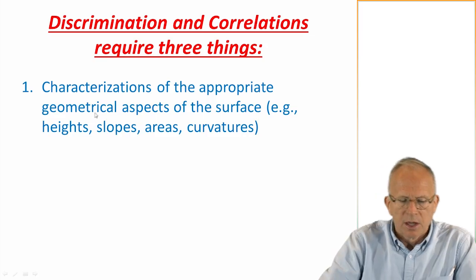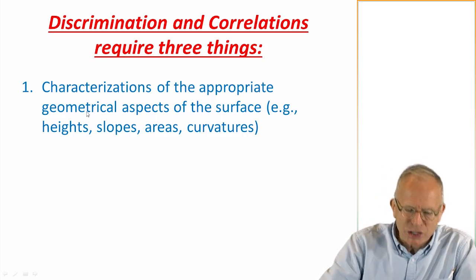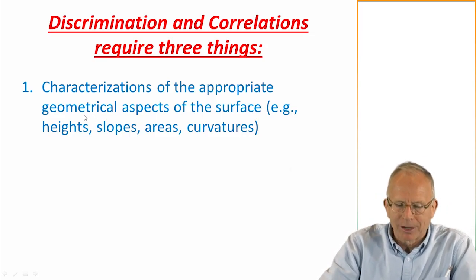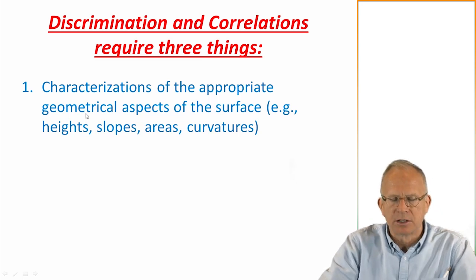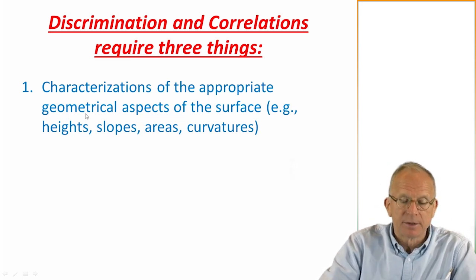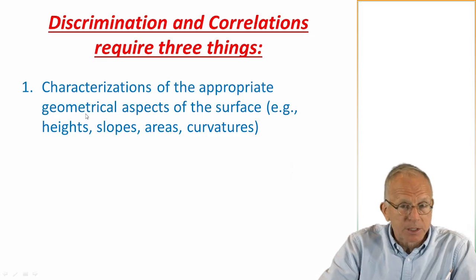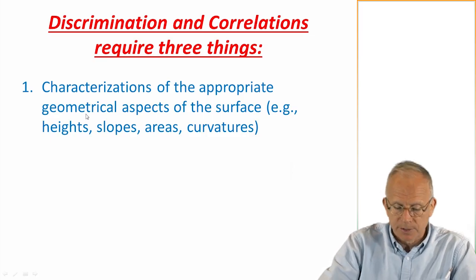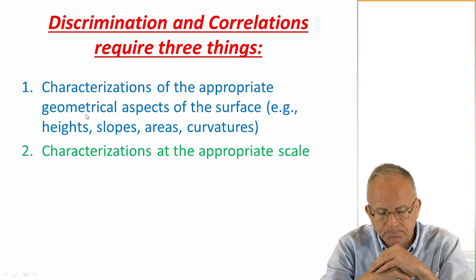But all right, so the first is characterization of the appropriate geometrical aspect of the surface. This is one of the things you need to do. Might be heights. More often, perhaps slopes, areas, curvatures, for example.